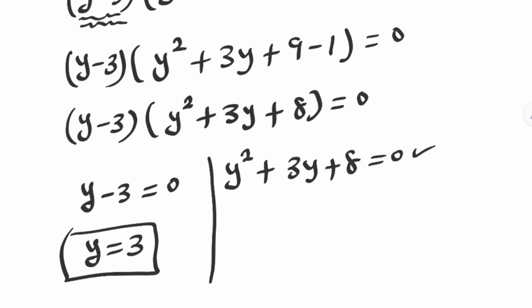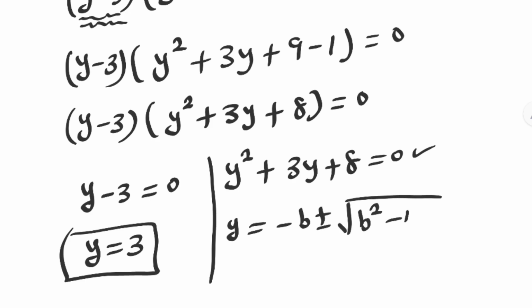This is a quadratic equation. Let us solve this using the quadratic general formula. y is equal to minus b plus or minus square root of b square minus 4ac all over 2a.